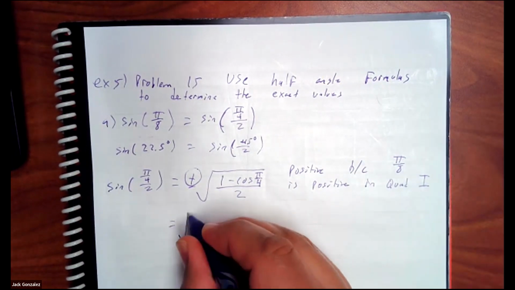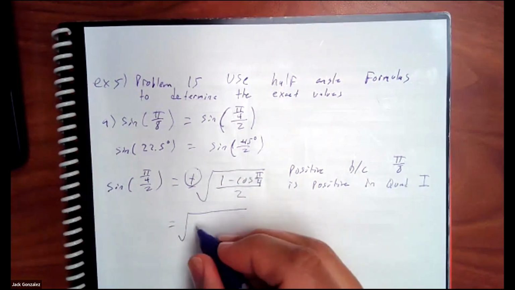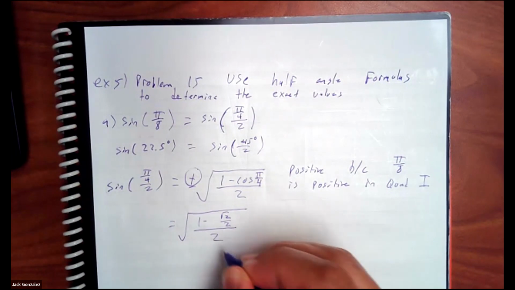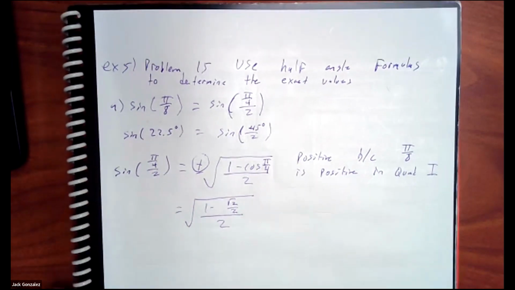So no more minus. Cosine of pi over 4 will be square root 2 over 2. Just plug it in and then start doing some algebra. And that's it.